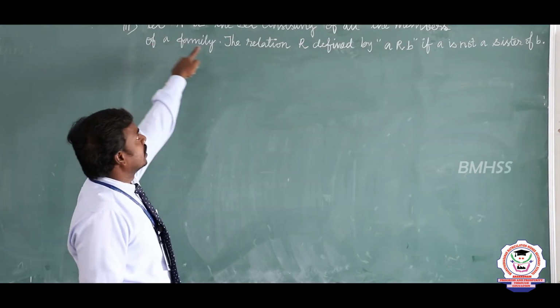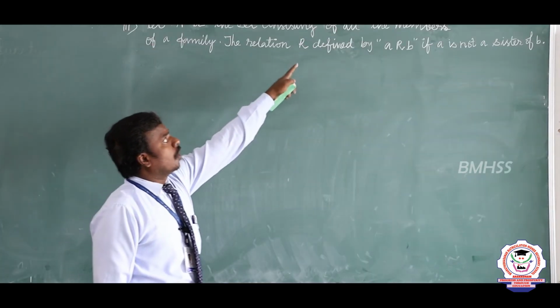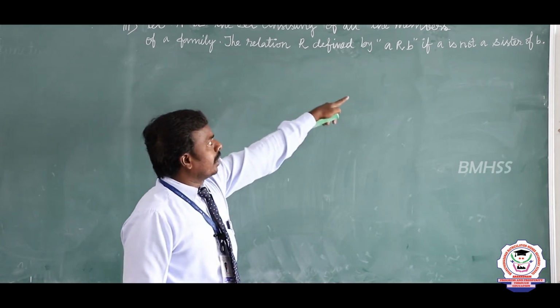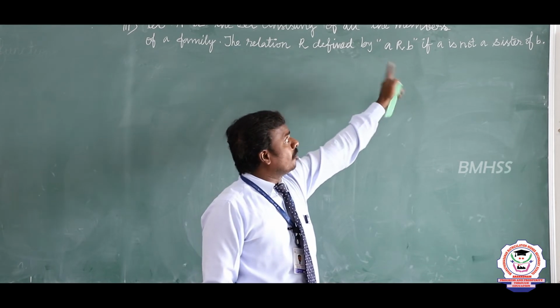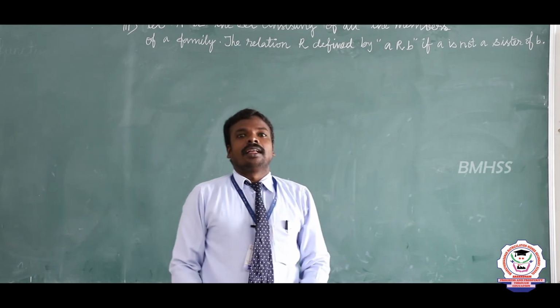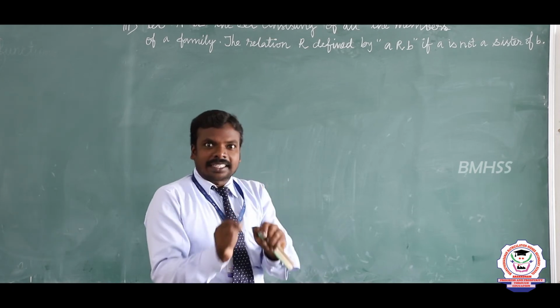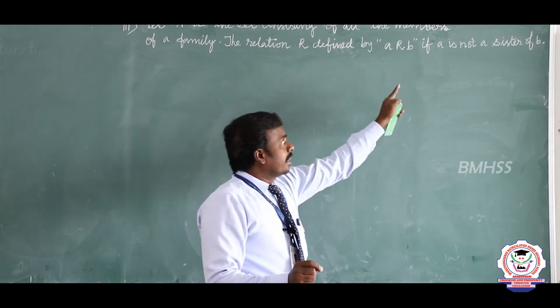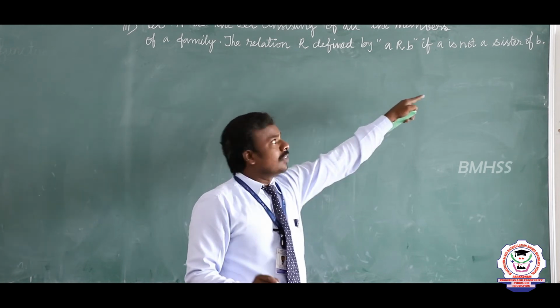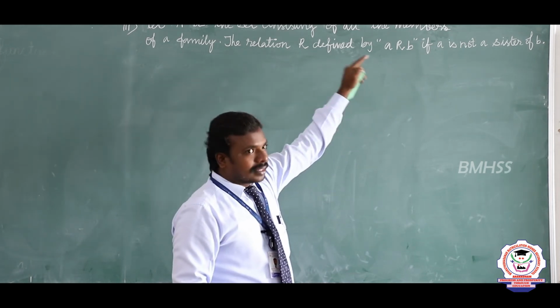Let A be the set consisting of all the members of the family. The relation is defined by A is related to B if A is not a sister of B. If you consider the relation, A is not a sister of B. Do you understand? If they are not sisters, that is the relation.